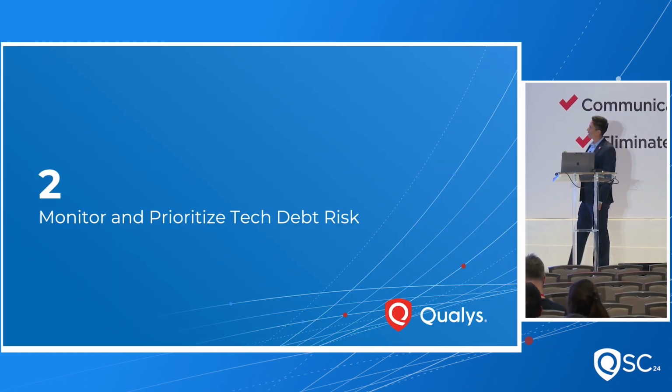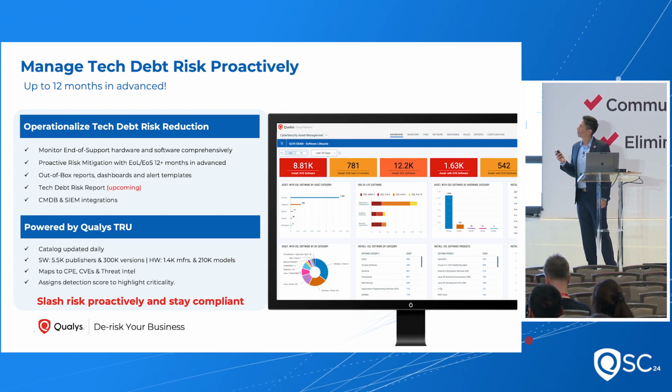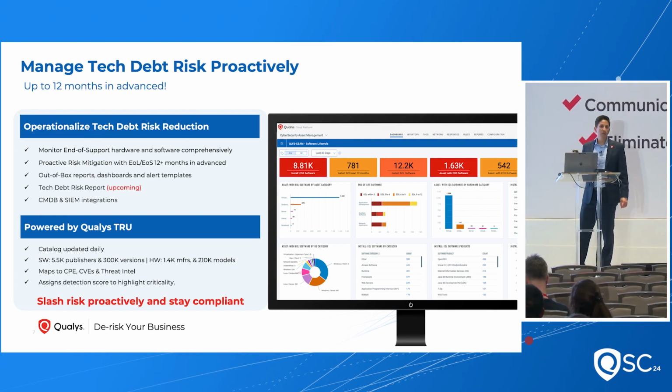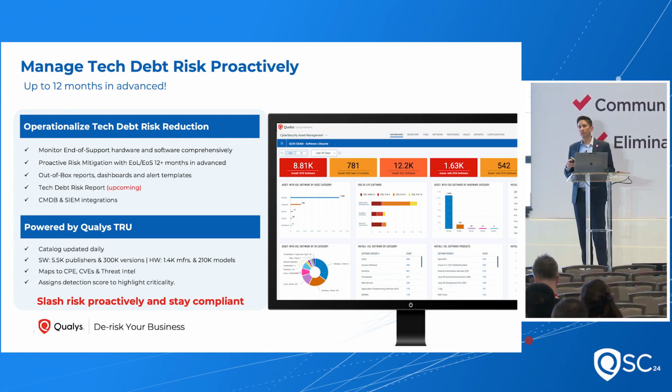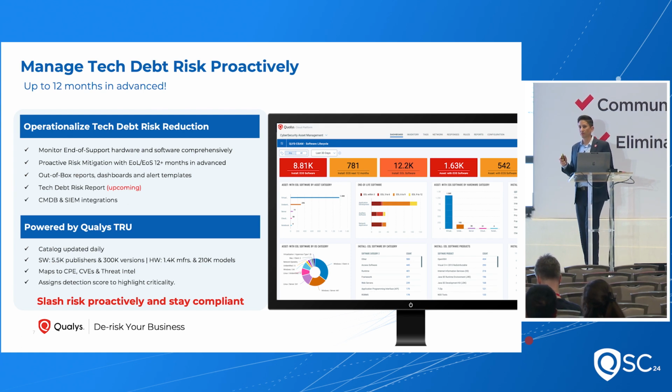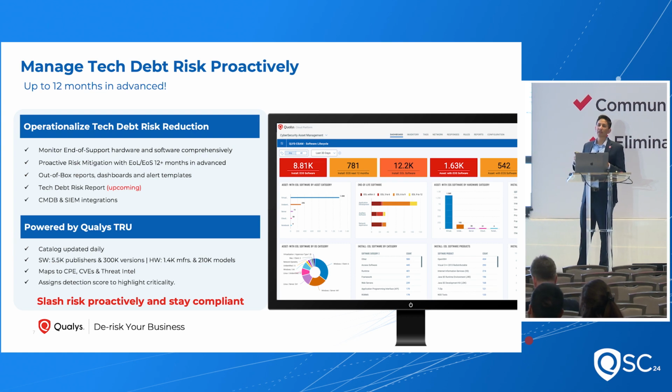The second one I want to show you is our ability to manage the tech debt comprehensively. So ability for you to understand and monitor what is the current state of your entire end of support software and hardware. But more importantly, being able to understand that proactively, 12 months in advance, 18 months in advance, 9 months in advance, depending on the type of technology, working with your IT team to create a plan for them to migrate.